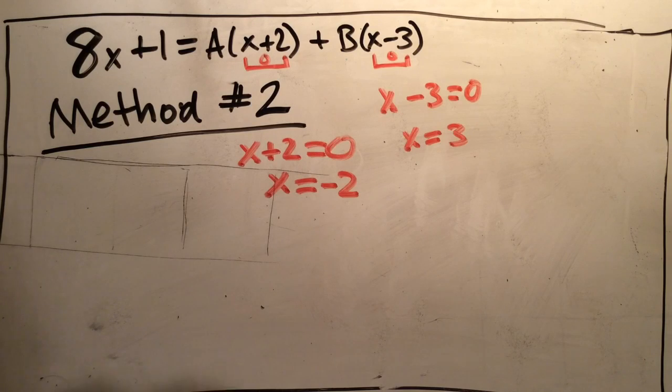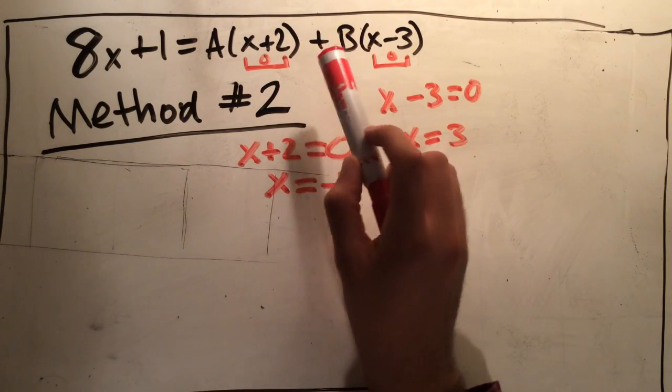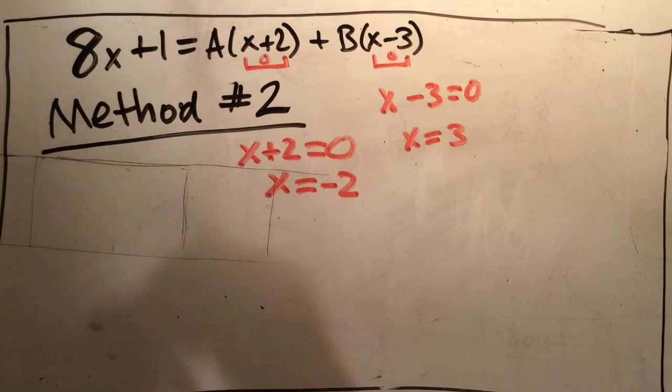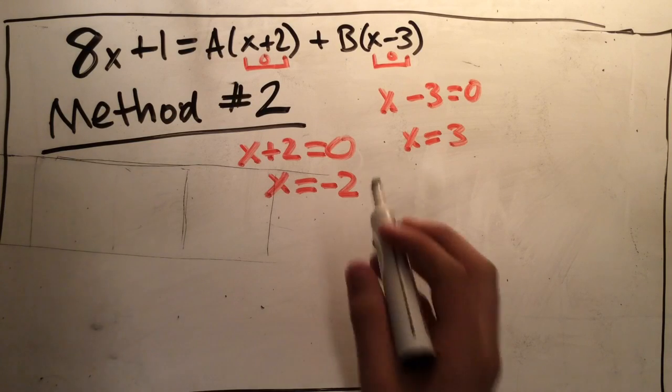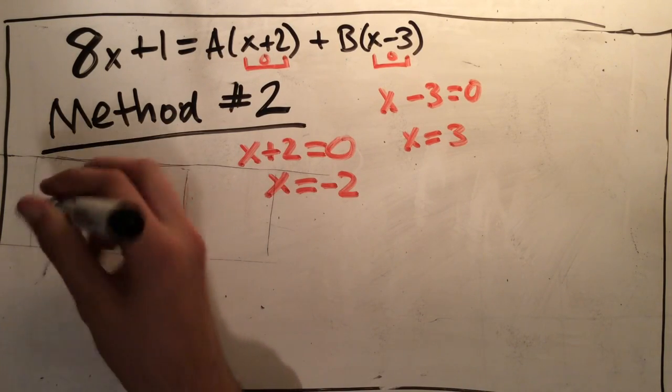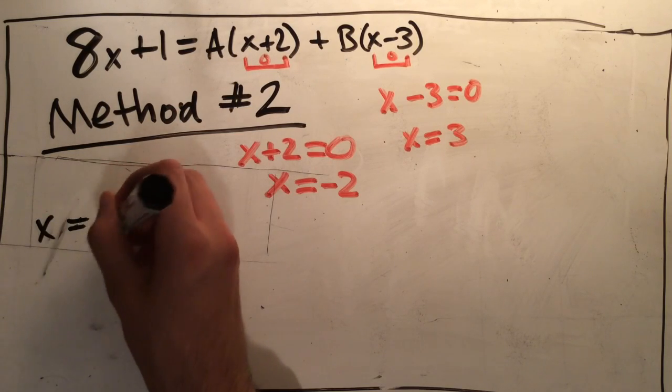So now that we established our zeros, we're going to use both of these to solve for A and solve for B individually. So our first one is going to be plugging negative 2 into all of the x's. So x equals negative 2.